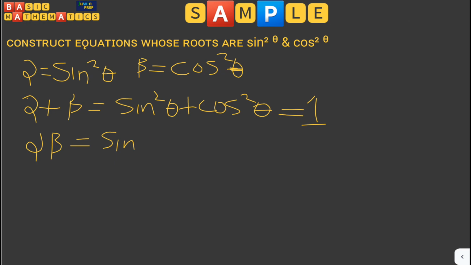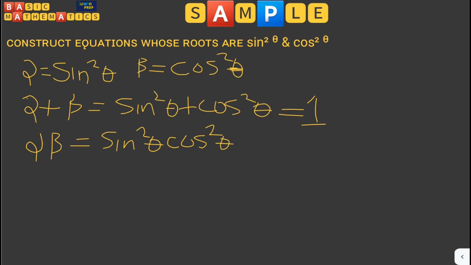I want to write my square very well. If you multiply them together, you still get sine squared theta cos squared theta. So this is what you get. Just multiply the both of them together, sine squared theta cos squared theta.